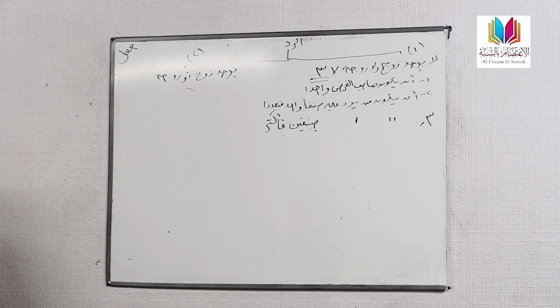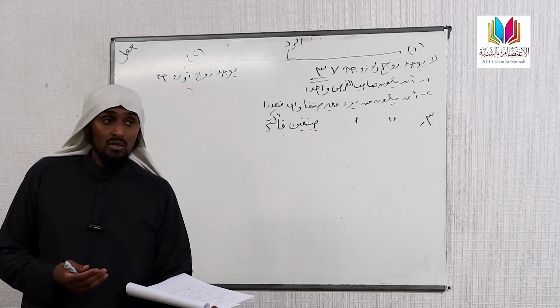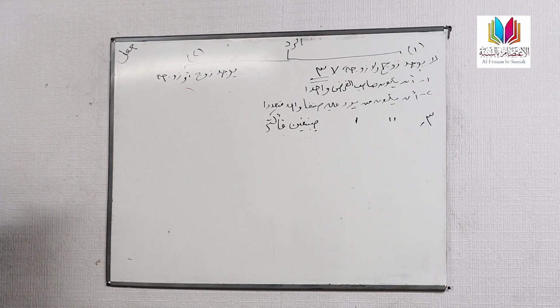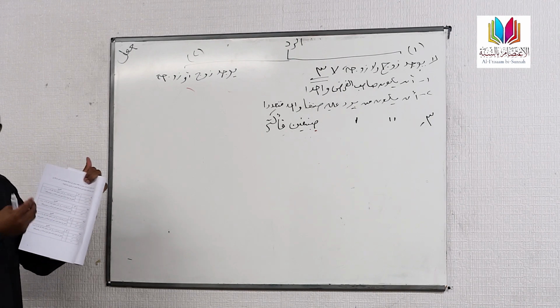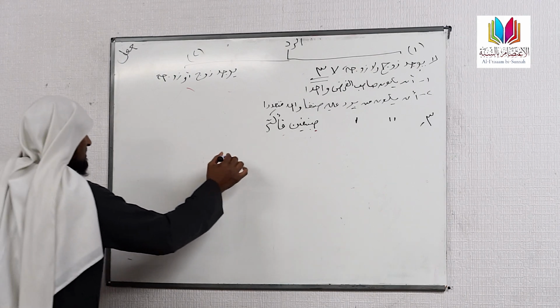And the ukht shaqiqa has no more of a right to take whatever is left over than the akh. So what do we do here? See, the first box is what? Akh li, right? And who? The jadda, right? Normally the akh li gets what? A sudus. And the jadda gets what? Sudus. The asl mas'ala is what? 6.